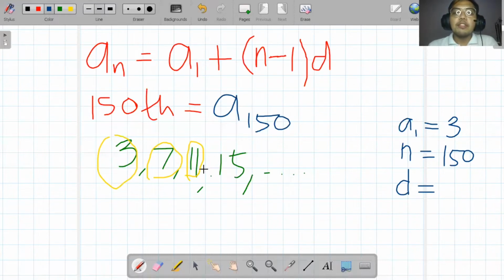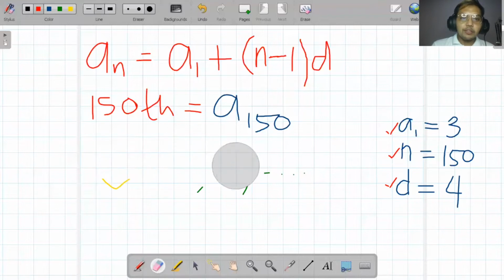So 15 minus 11 is equal to 4. 11 minus 7 is equal to 4. 7 minus 3 is equal to 4. Therefore, our common difference is 4. So we already have these values that we need: a sub 1 is 3, n is 150, and the common difference is 4. We have the three givens.